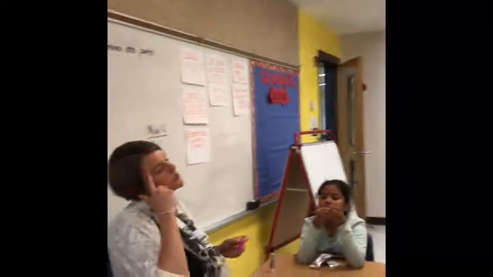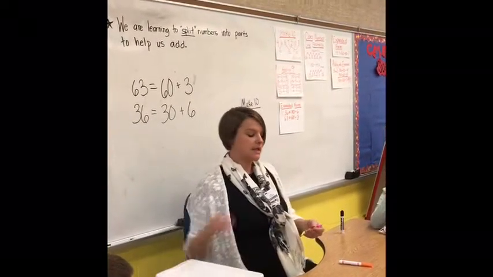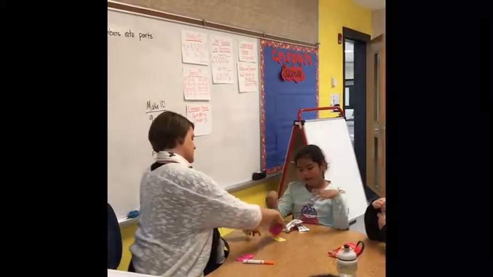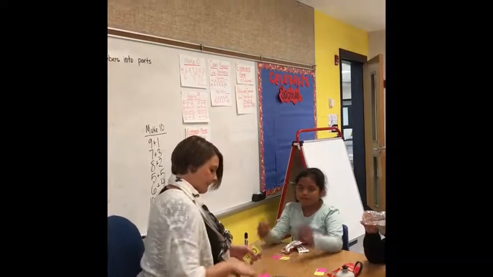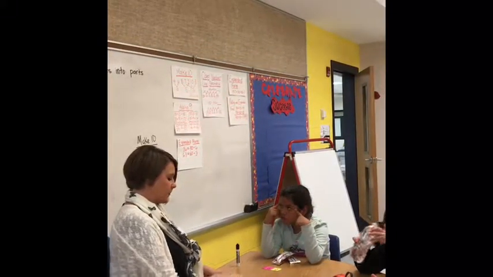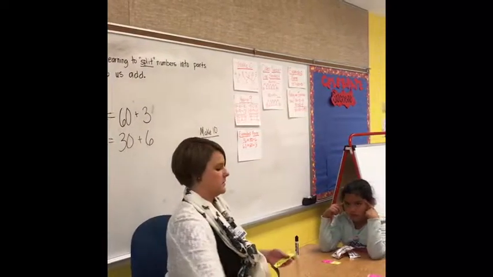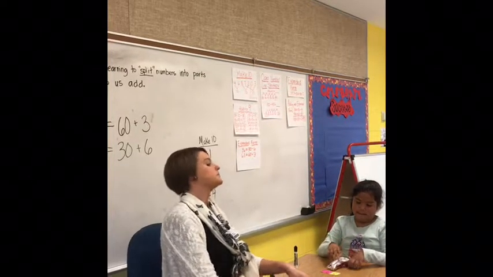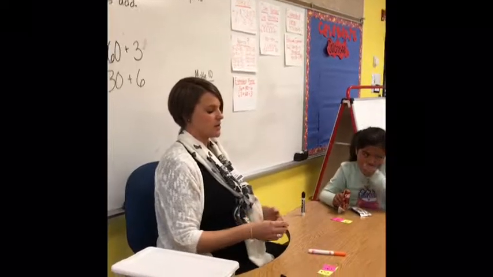You're going to think about what your number would be in expanded form, and then you're going to turn to your partner and tell them what it would be. So think about it first, and then turn and talk. When you're ready, turn to your partner so they know you're ready.